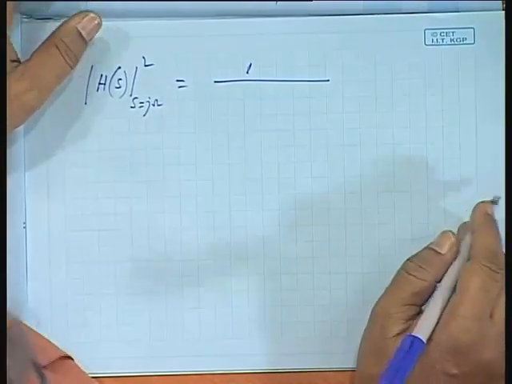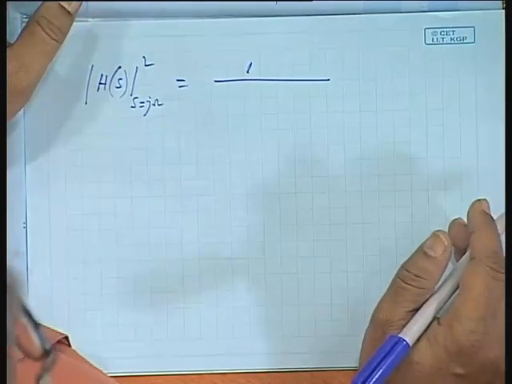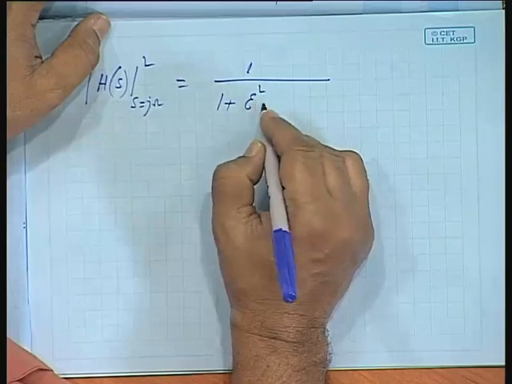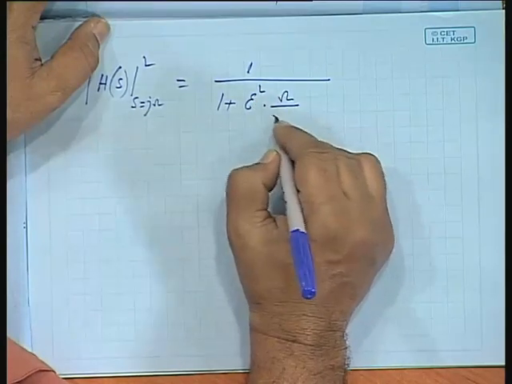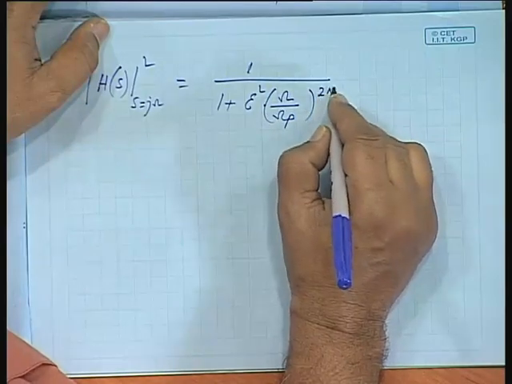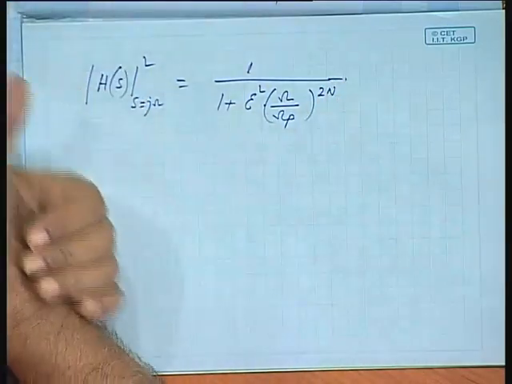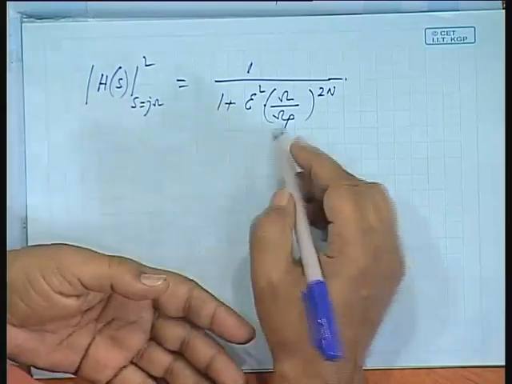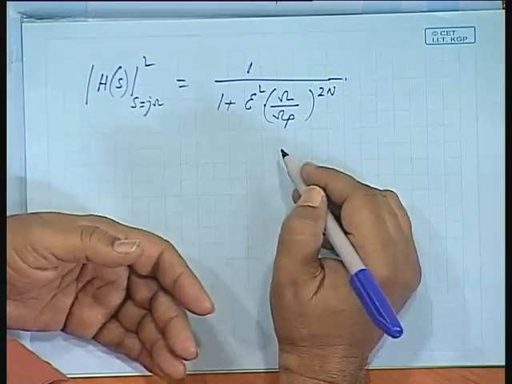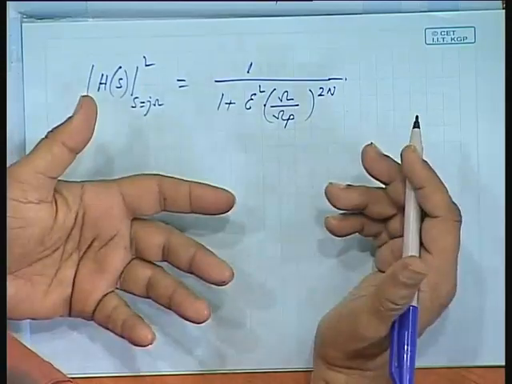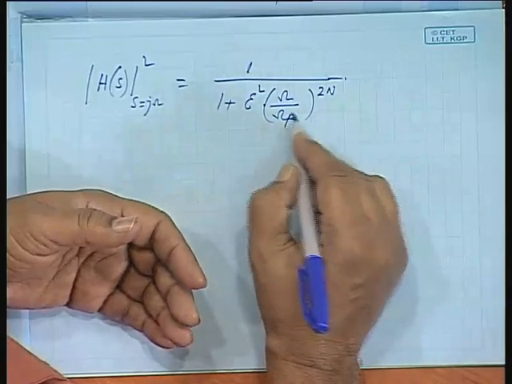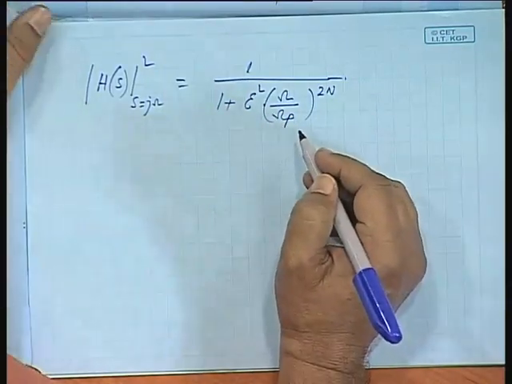If the specifications are given in the pass band and stop band, we might as well write this in another form. Some people like to take the frequency in terms of omega p. Omega c is not known, so we are not going to try to find out omega c. We will straight away take omega p. Okay.